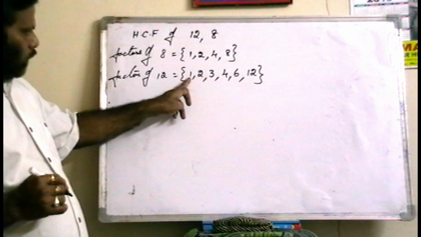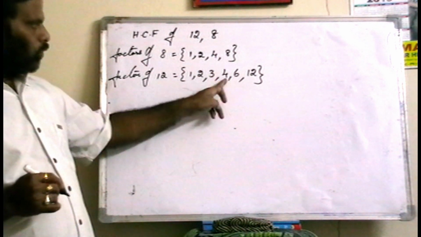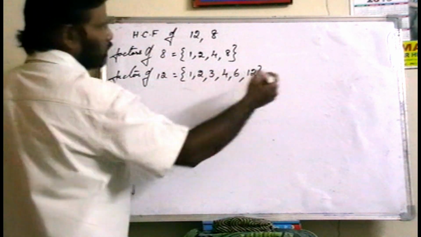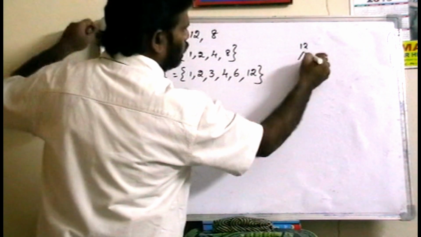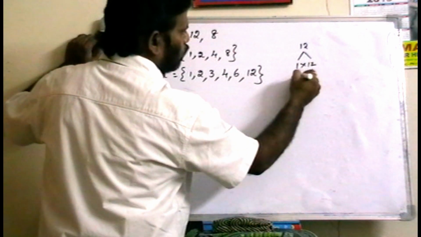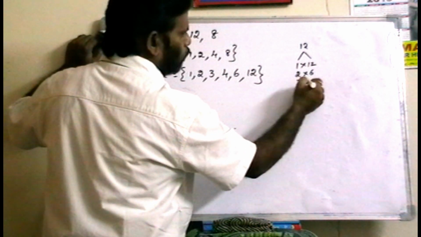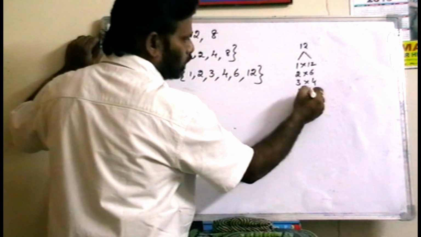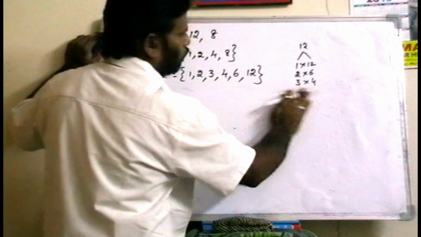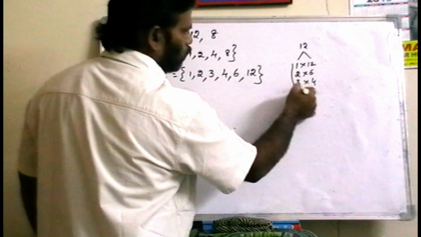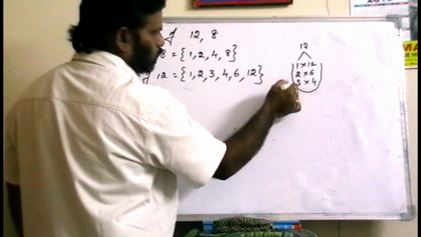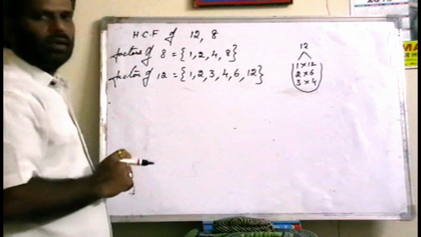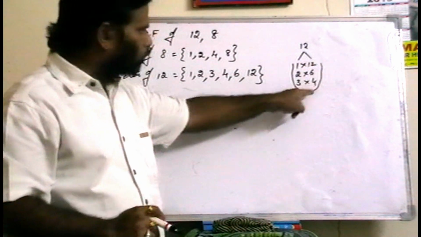Beyond this we get the same numbers again. So the factors of 12 are 1, 2, 3, 4, 6, 12.